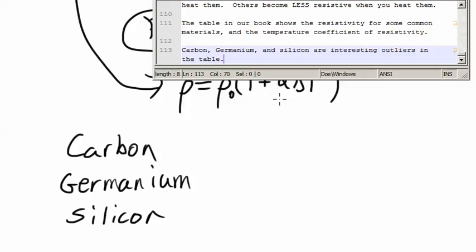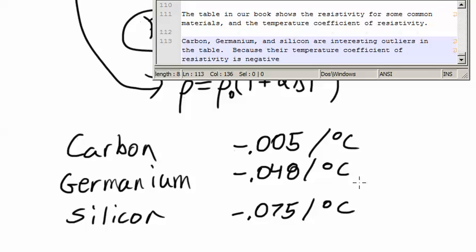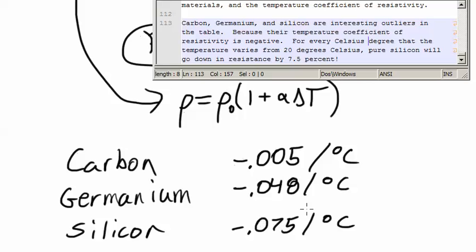Carbon, germanium, and silicon are interesting outliers in the table because their temperature coefficient of resistivity is negative. If I'm reading the table correctly, for every Celsius degree that the temperature drops from 20 degrees Celsius, pure silicon will go down in resistance by 7.5%.